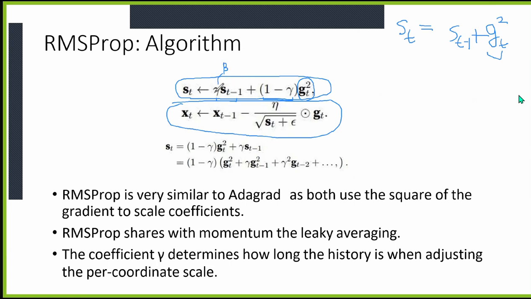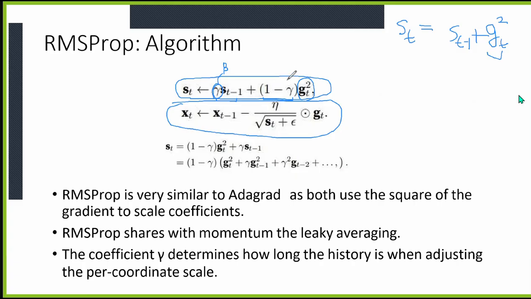Because the function is recursive, the beta in this formula would also form some exponential decay in terms of the past gradients.